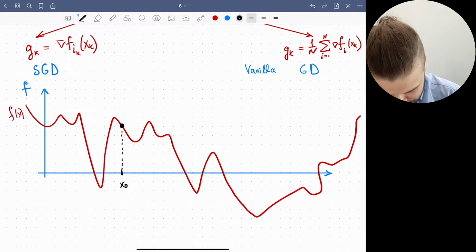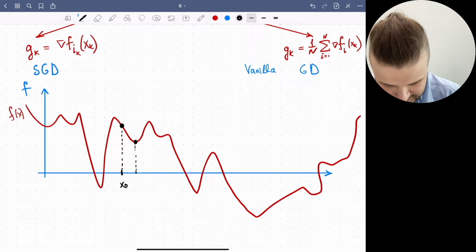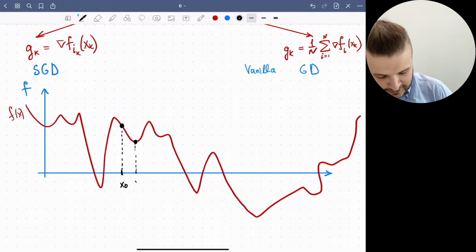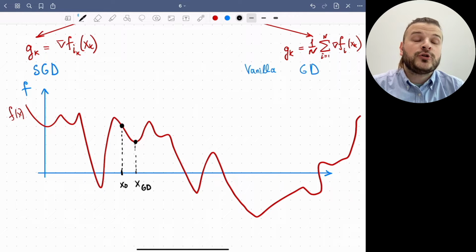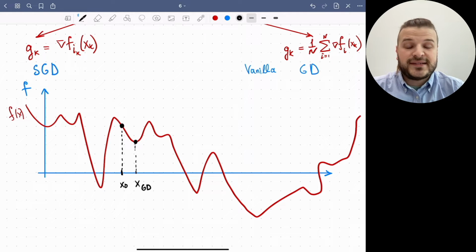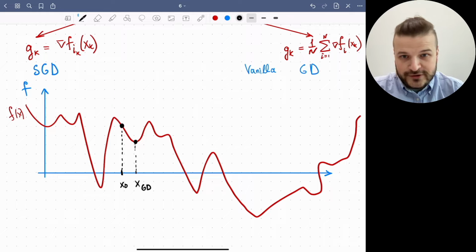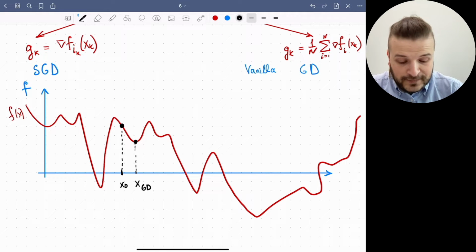So you'll just finish here without any doubts if you select the step size correctly. That's the gradient descent point. And as you can see, in a non-convex setting, that's not the best option to stop because that's just a local minimum.